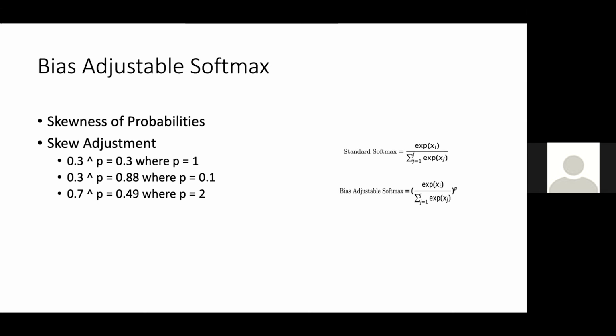And if my p is 2, then 0.7 can become 0.49. So it actually adjusts the skewness of the probabilities that are predicted. So you can say it changes the distribution of my neural network after its prediction.